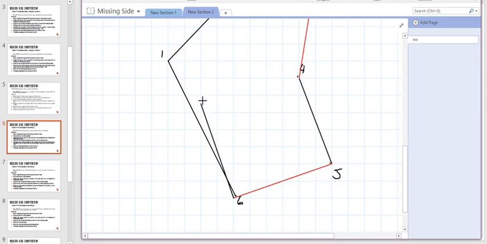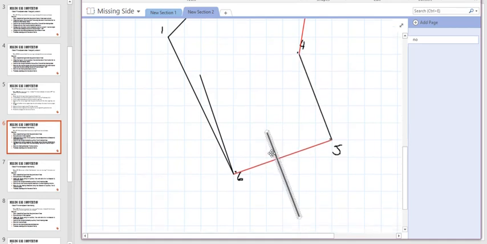Magbuot sila og sarili nila line. That's plasta.